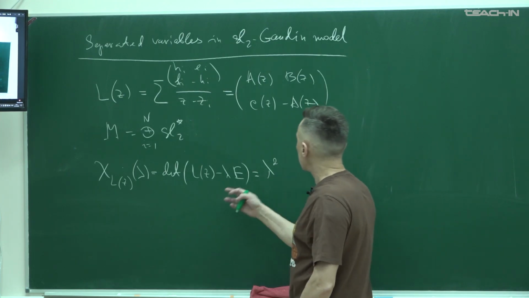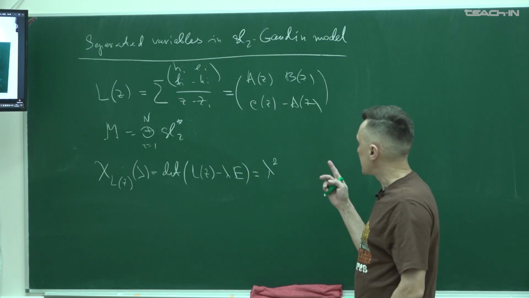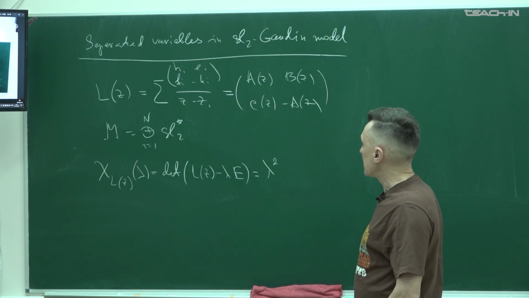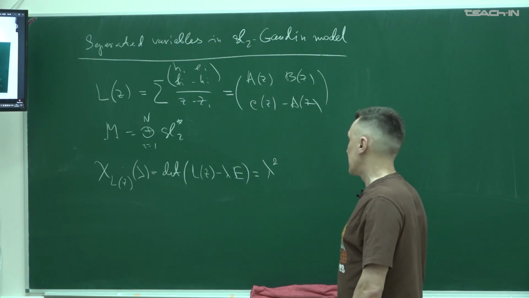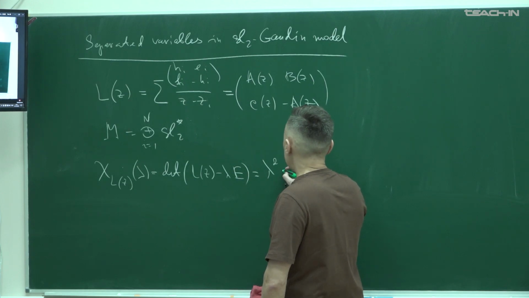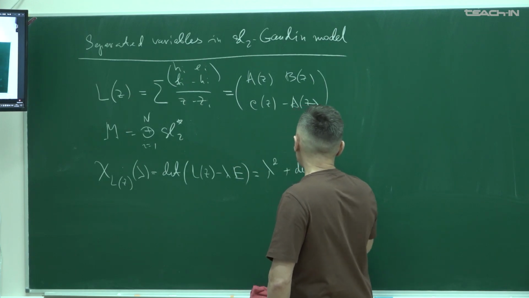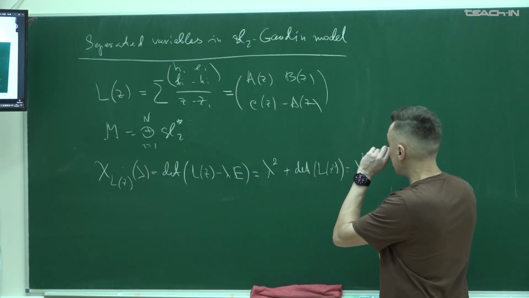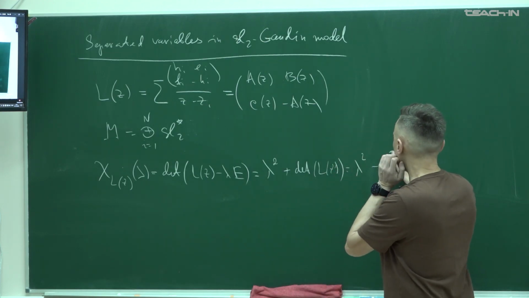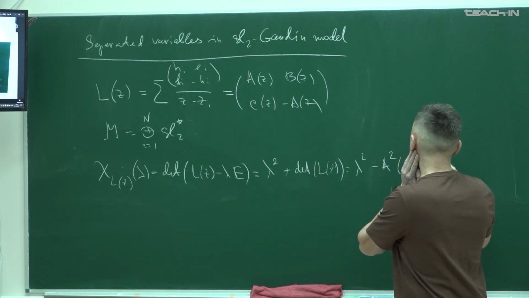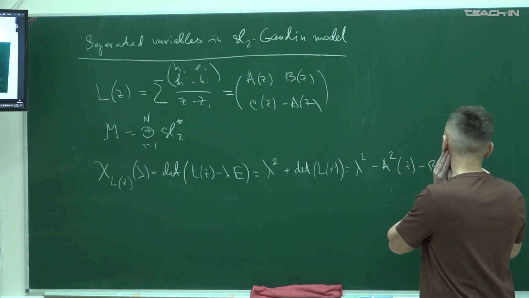It has no linear term in lambda because the Lax matrix is traceless, plus the determinant of L of Z, and it is lambda square minus A square of Z minus B of Z and C of Z.